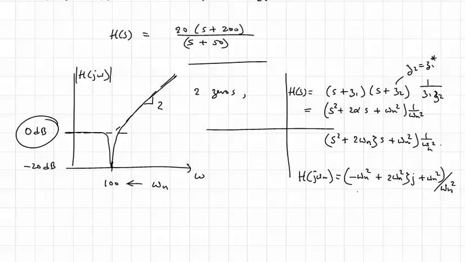So now we can cancel some things. These two omega n's cancel, and then this omega n squared and this one cancel. So we end up with H(j omega n) equal to 2 zeta j, which means the magnitude of H at omega n is equal to 2 zeta.